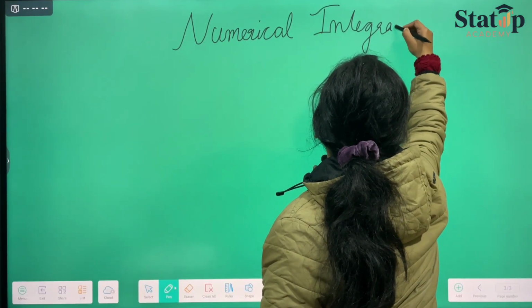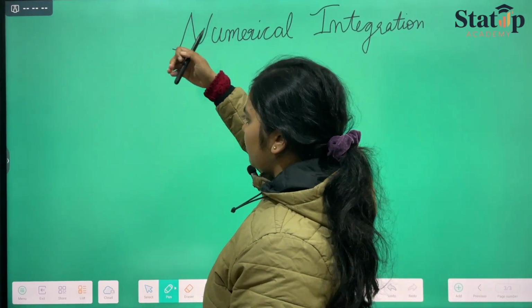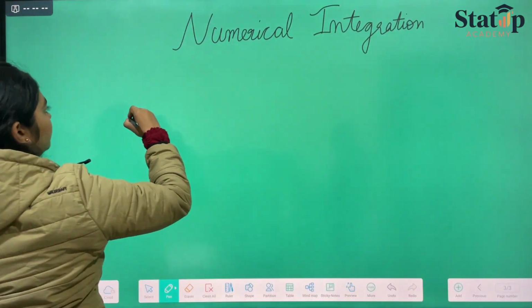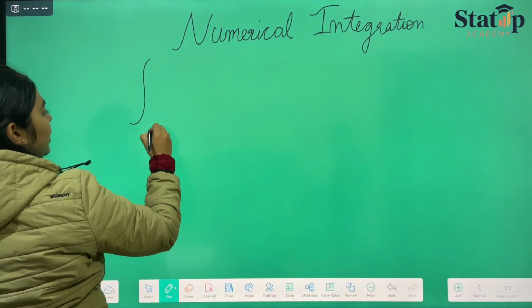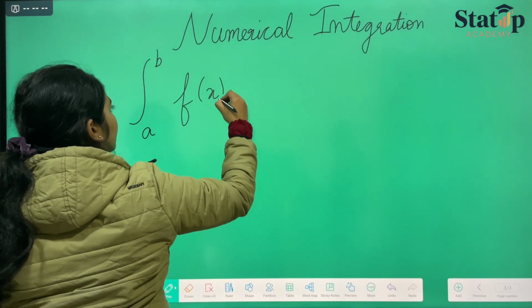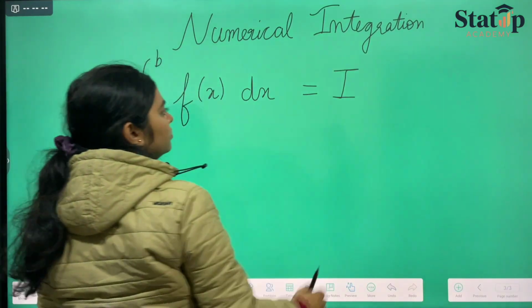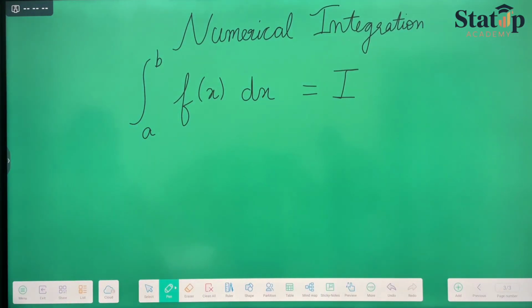What is numerical integration? When we are integrating a function of x, suppose this is from a to b, f(x) dx, then this is termed as numerical integration, or I, as we denote it.